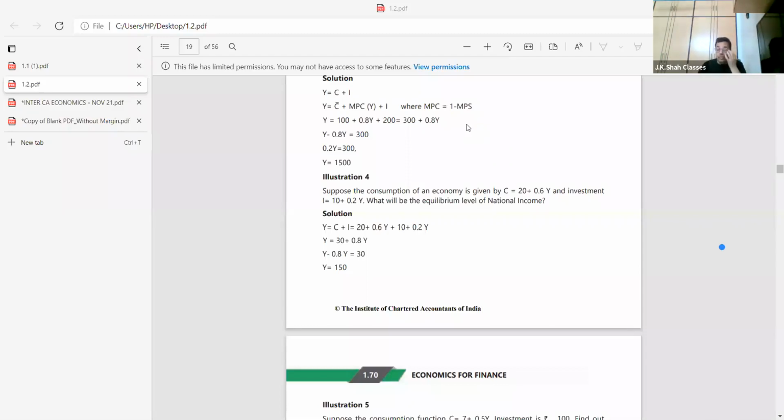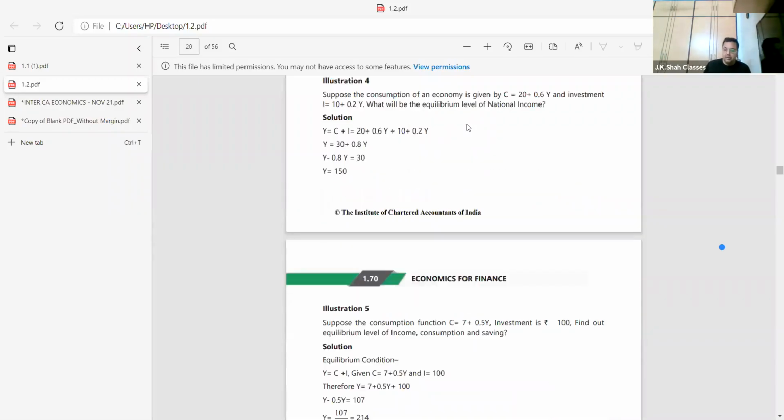Solve in a notebook, beta. Don't mark it in the book. Some basic things I need not tell you. Inter students are big enough.